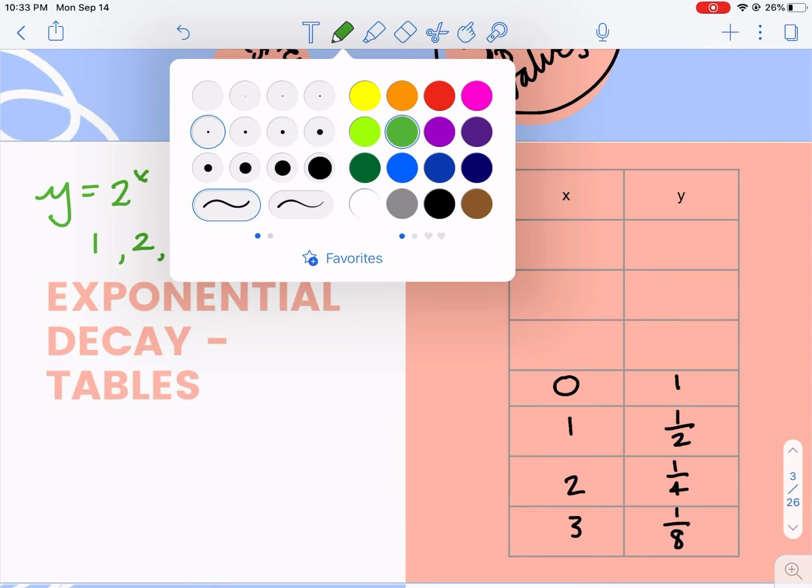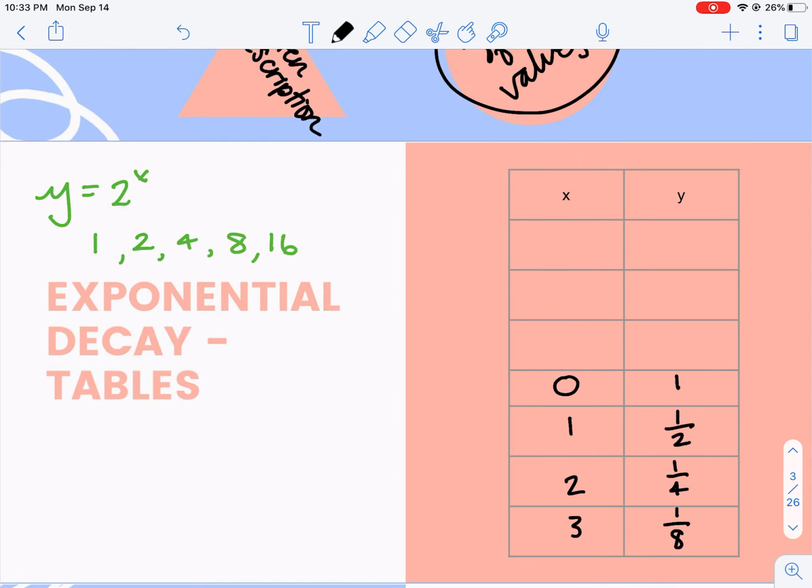And you're thinking to yourself, how do I go from 1 to 1/2, from 1/2 to 1/4, from 1/4 to 1/8? And perhaps you notice, well, I divide by 2 each time. And to that I would say, excellent observation. We want to think about this as multiplication, though.